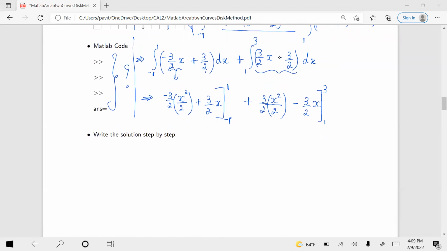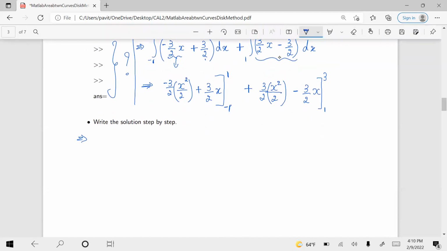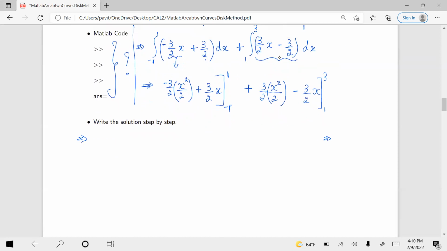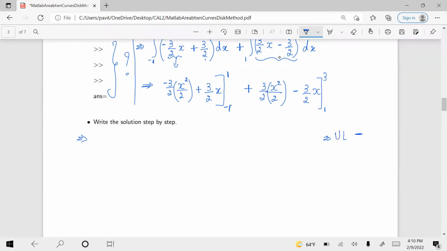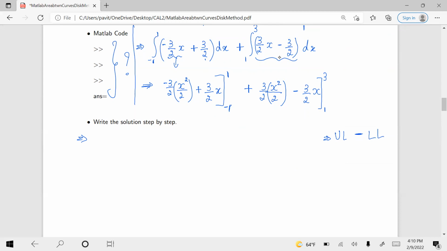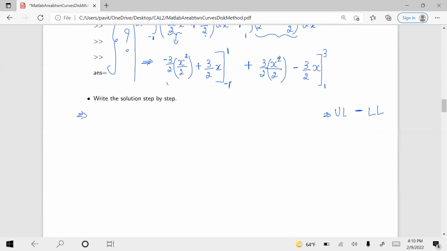Okay, now let us move on to applying limits. So remember, when you are applying limits, it has to be upper limit first, and then you're going to subtract and then apply lower limit. Okay, upper limit first, subtract, lower limit. Okay, let's do the first part first.